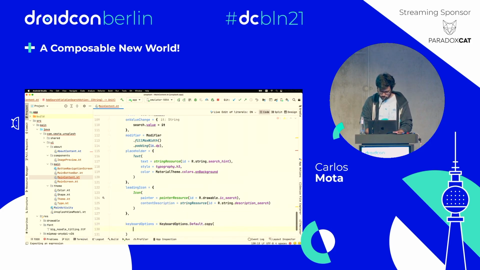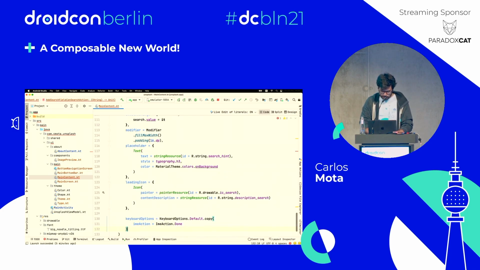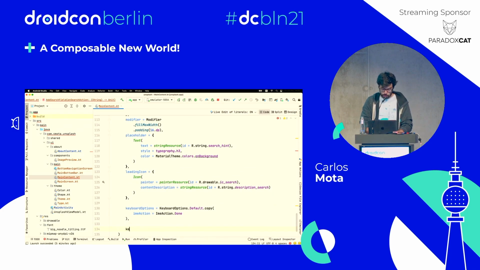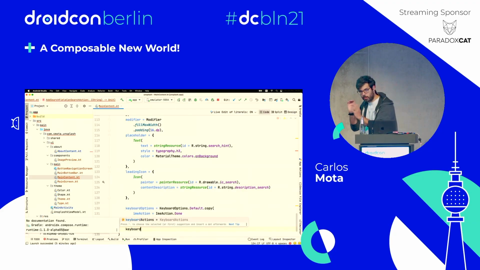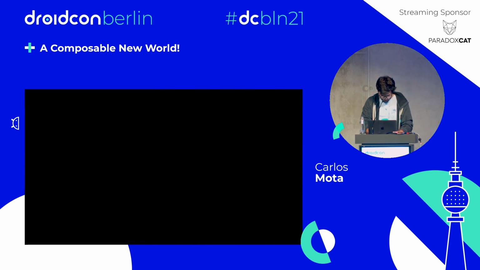And I just want to change the IME action. So it's going to use the IME action then. And then I want to define a keyboard action. So when the user clicks on that key, I want to trigger on search event. So for that, we're going to use keyboard actions.